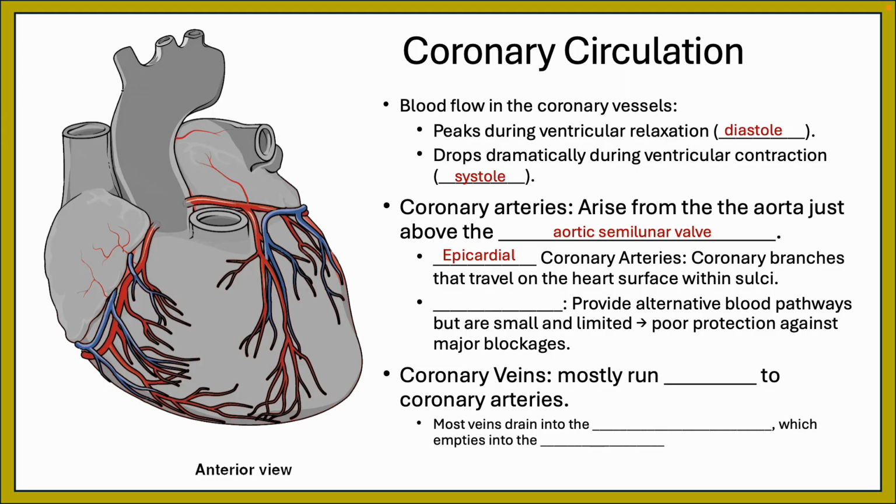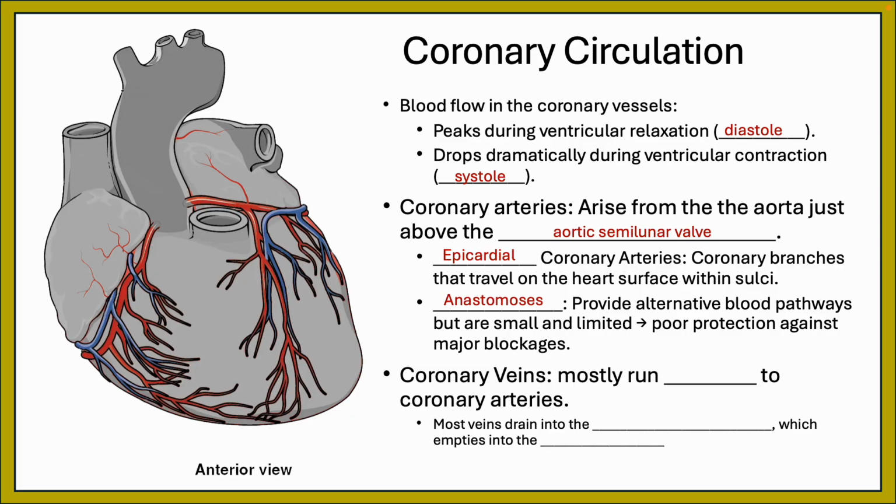And then you have a lot of arteries on the surface of the heart. Those are your epicardial coronary arteries. They are going to be branches that travel along the sulci of the heart.